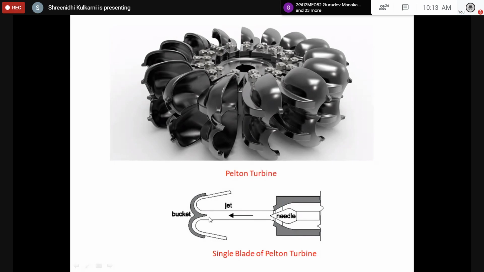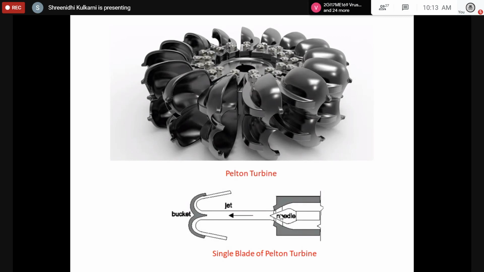For this we have to write the velocity triangle. Now only I'm telling, here the Pelton wheel is a tangential flow type. So the nozzle angle at inlet is completely zero, that is alpha 1 is 0.